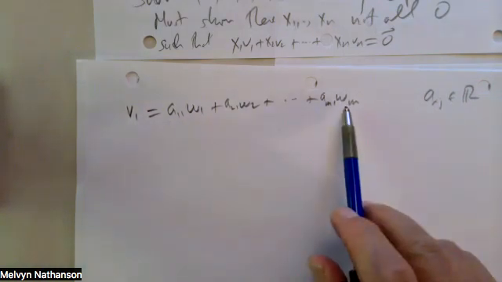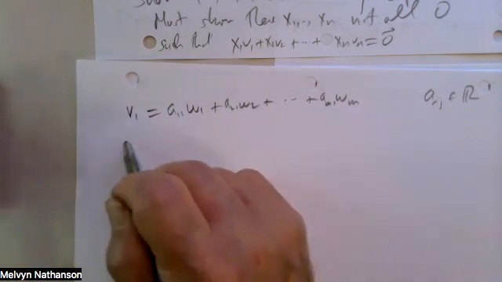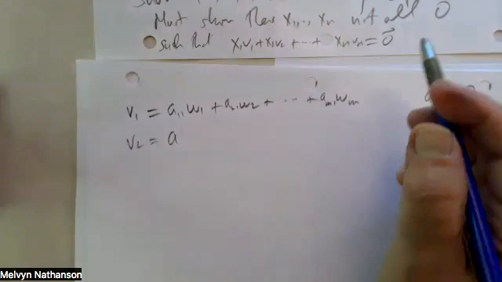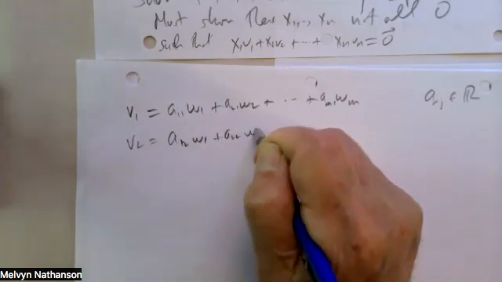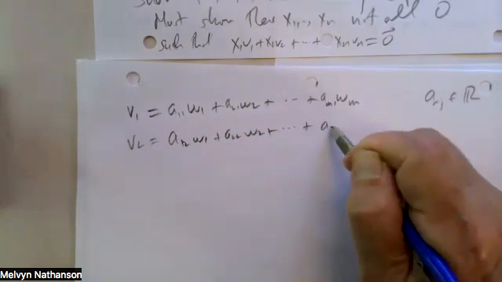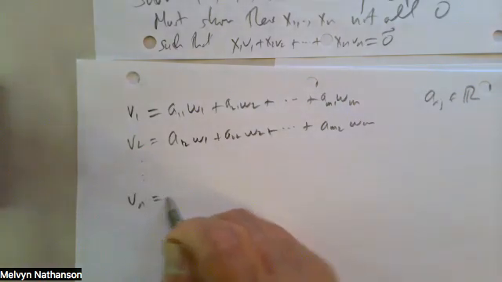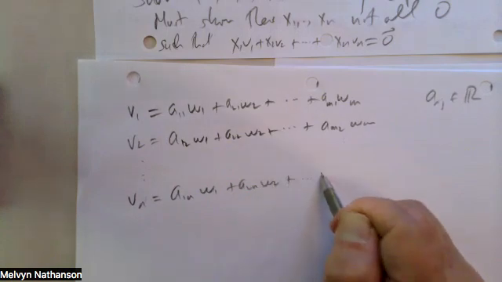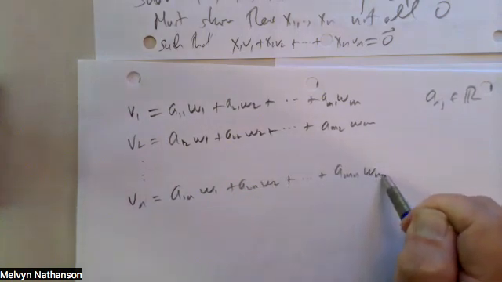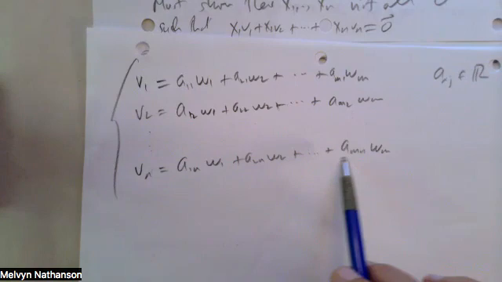So v1 is this linear combination of w1 up to wm. v2 will be another linear combination of those same m vectors. All the way down to v sub n, a1n w1, a2n w2, amn wm. So I've written each of these n vectors as a linear combination of the generators w.